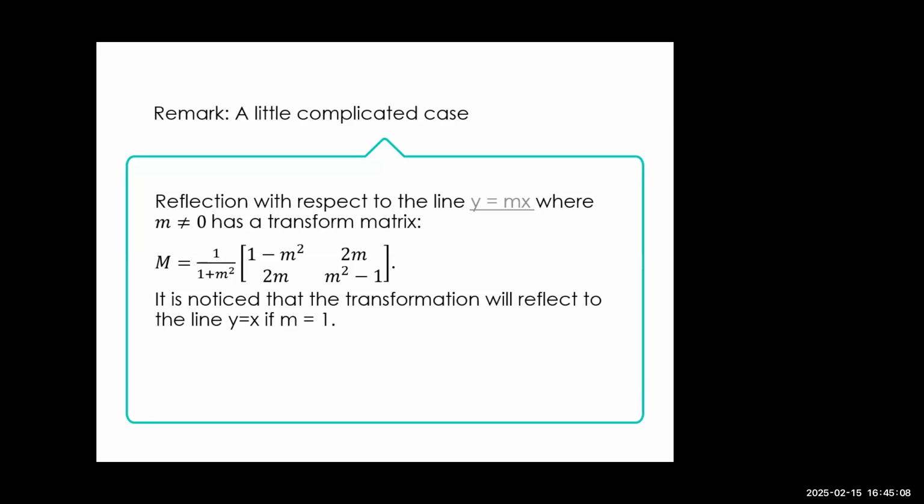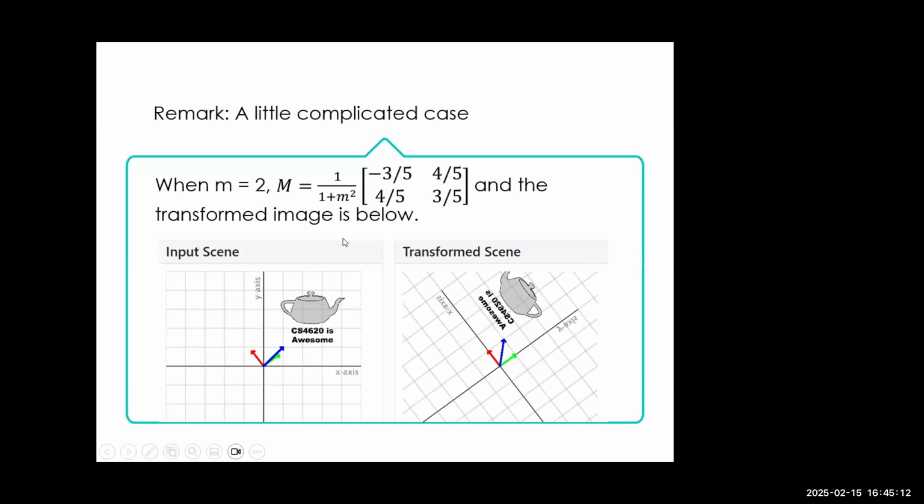This one is pretty cool. So I use an example in my classes. Let's say m equal to 2. Then I'm also using the website from Cornell University. I'm going to reflect my object along y equal to 2x. This is my new scene, and they enjoy that.